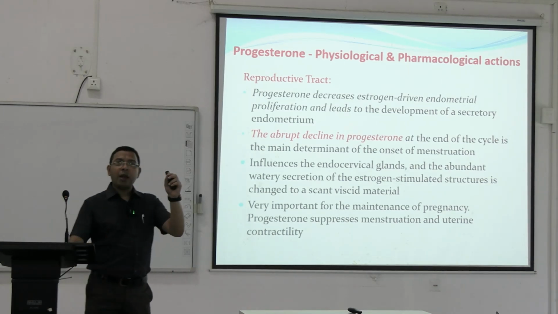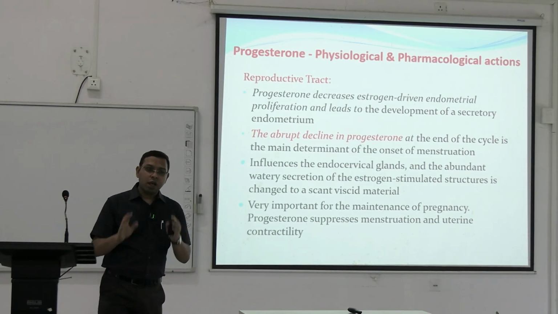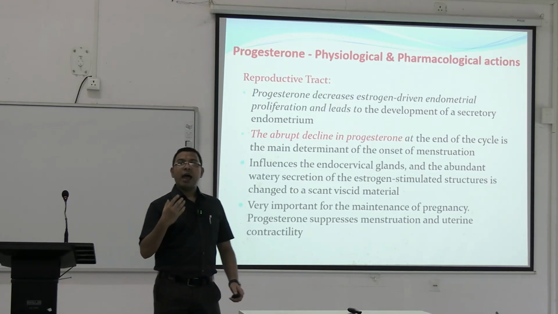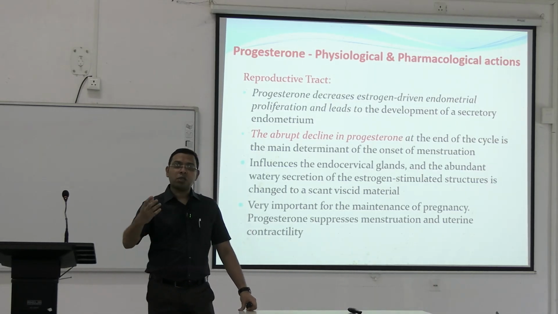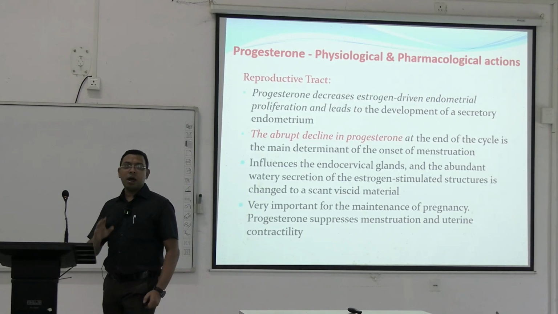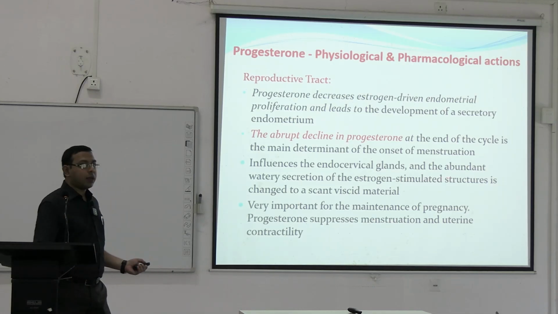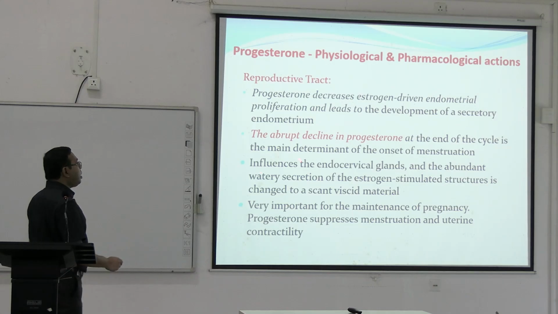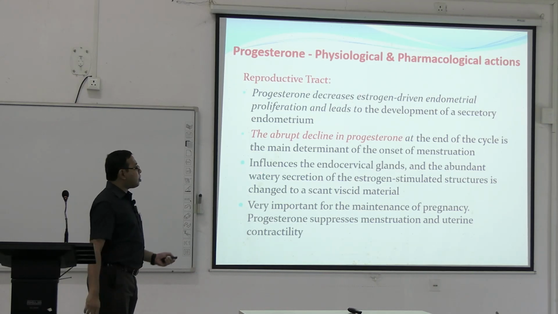And if the ovum that is released is fertilized with the sperm and there is pregnancy, the corpus luteum remains and continues to secrete progesterone, and this progesterone ultimately saves the fetus. If there is no progesterone, there will be menstruation and there will be no fetus. So progesterone basically helps in continuing the pregnancy. It influences the endocervical glands.